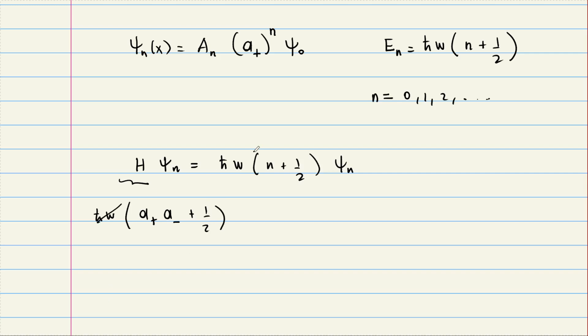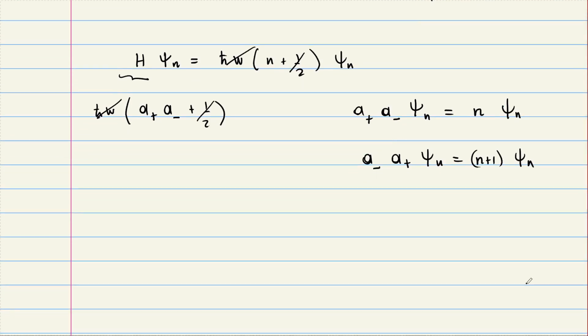So I can cancel these, and I can also cancel the 1/2, and I can conclude A plus A minus psi n is equal to n psi n. And similarly, using commutation, you can just replace things. A minus A plus psi n is (n plus 1) psi n. Good. So these are also nice, useful relations. Good. Any questions?